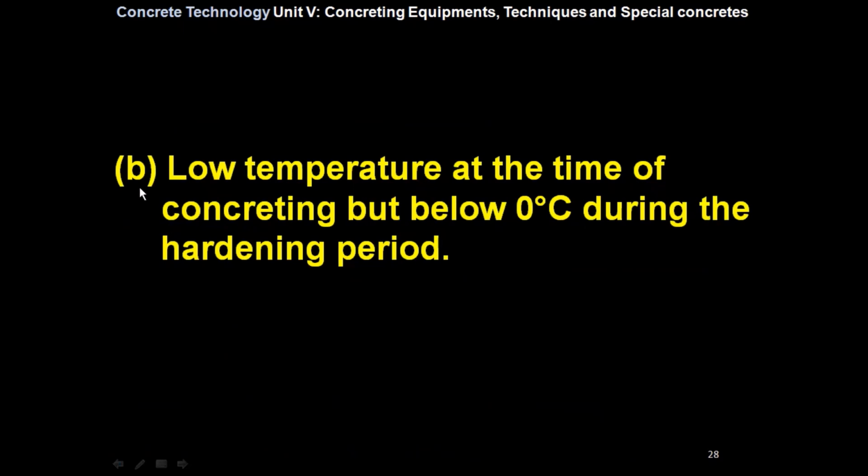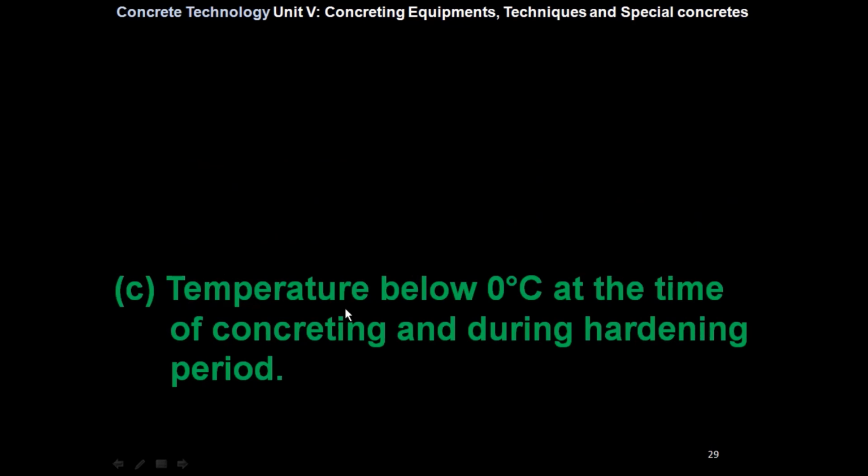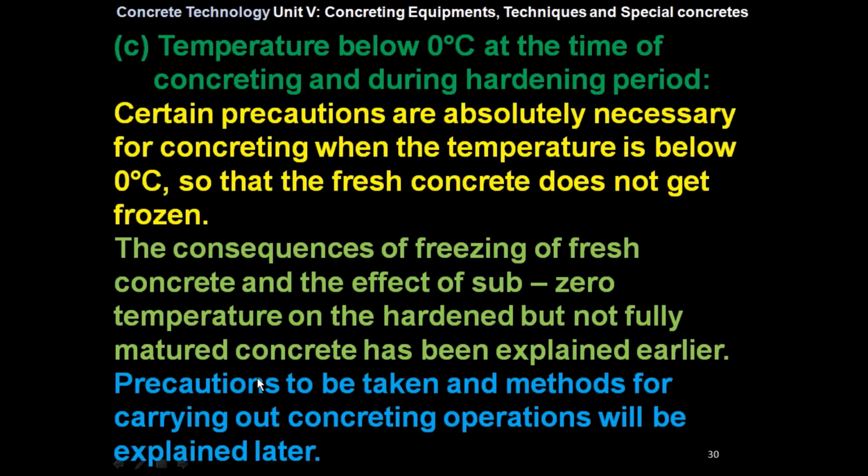So we have seen the second, low temperature at the time of concreting but below 0 degrees Celsius during the hardening period. Now we will see the third, temperature below 0 degrees Celsius at the time of concreting and during the hardening period. Certain precautions are absolutely necessary for concreting when the temperature is below 0 degrees Celsius so that the fresh concrete does not get frozen.